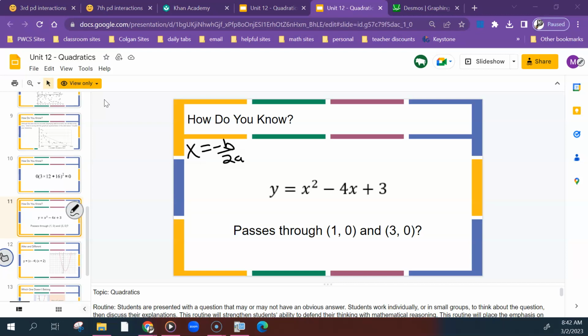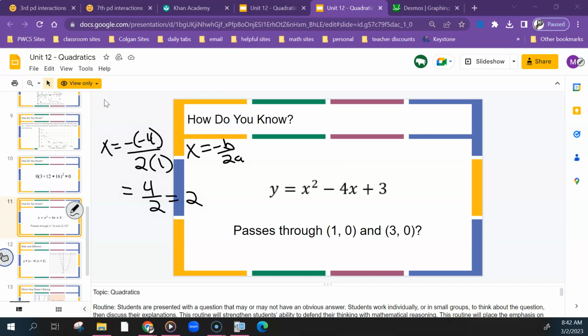So we have -4 over 2 times 1, which would give us 4 over 2, which is 2. Remember, your axis of symmetry splits your parabola, your u, in half. And this happens to be directly in the middle of these 2. So that would be one way you would know.